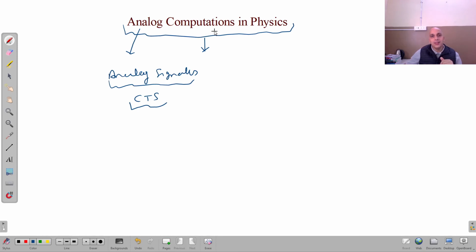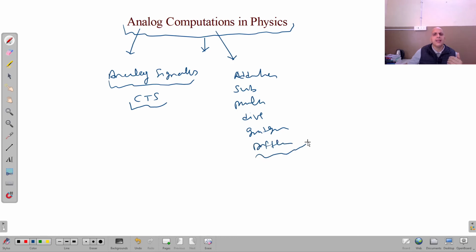The second thing is computations. Computations means we are going to do mathematical calculations like addition, subtraction, multiplication, division, integration, very important, and differentiation.